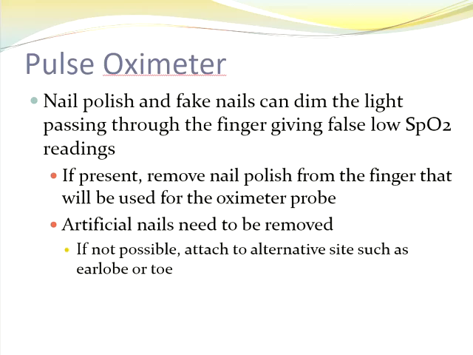Nail polish and fake nails can all interfere with that light being able to pass through the finger from one side of the probe to the other. It can give us wonky readings with the SAT probe, so pay attention to that. If possible, take off the nail polish, or see if the patient can take off the fake nails. If it's not possible, I know some labs will cancel the study.